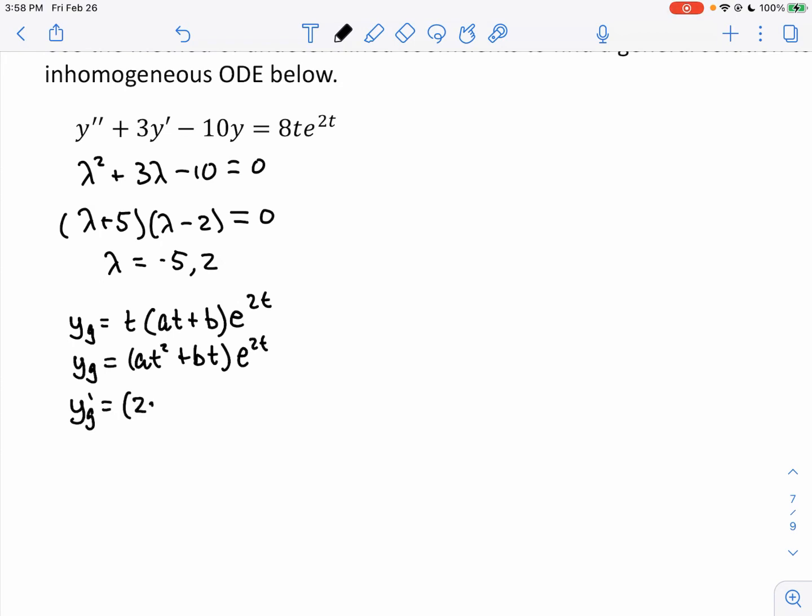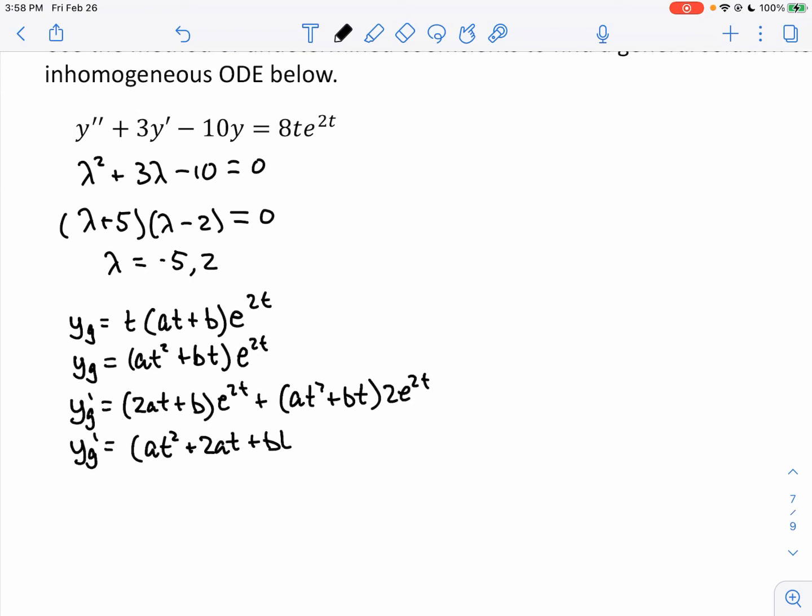First product rule: derivative of the first times the second plus the first times the derivative of the second. Now it might be helpful to combine these into one statement. Factor out the e to the 2t and see what can be combined. I'll put the at squared first. Then we have a bt and a 2at, which can't be combined.